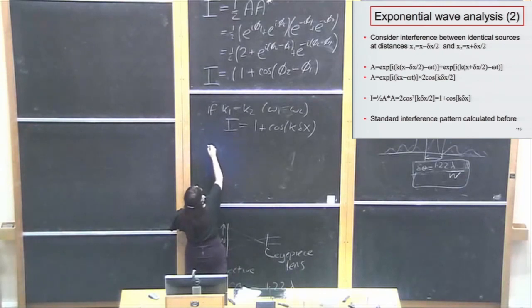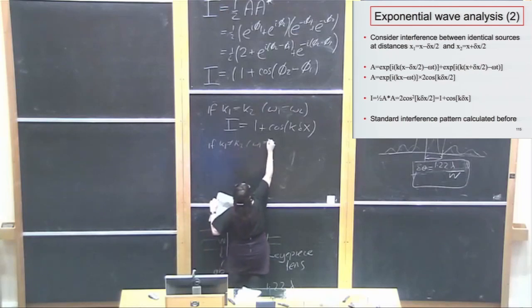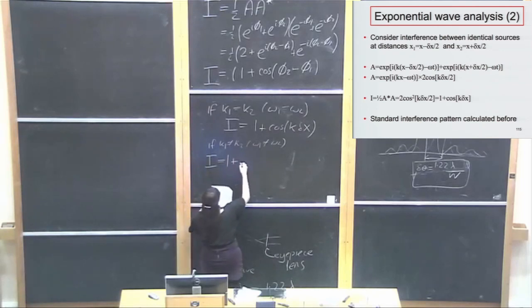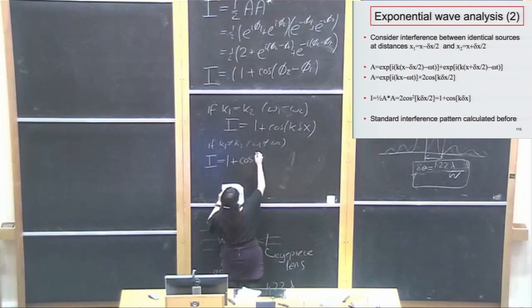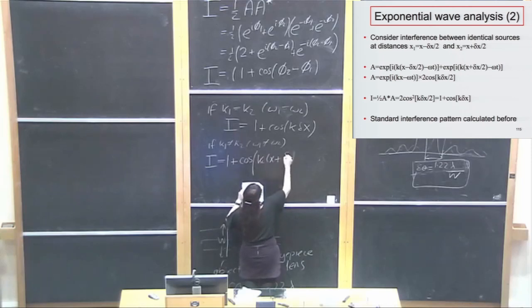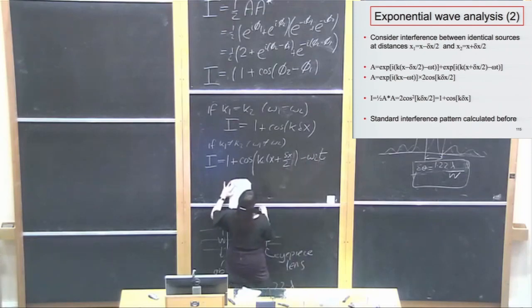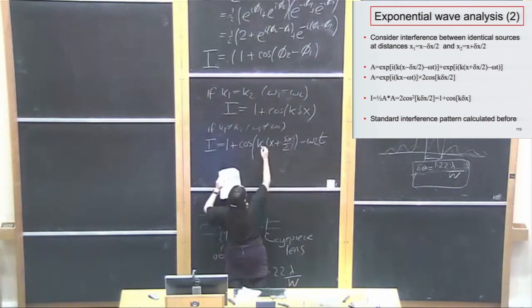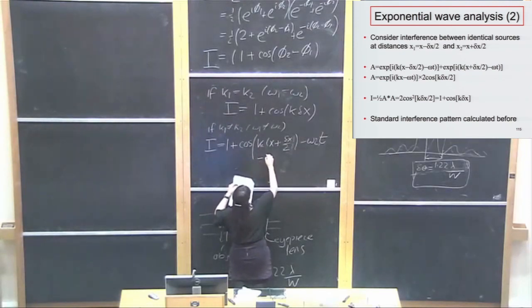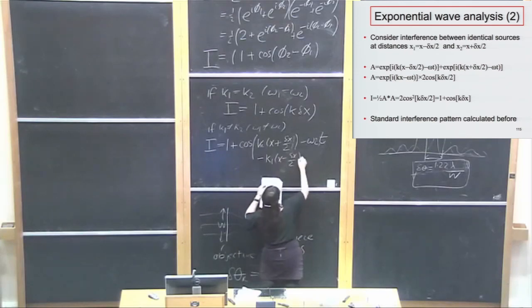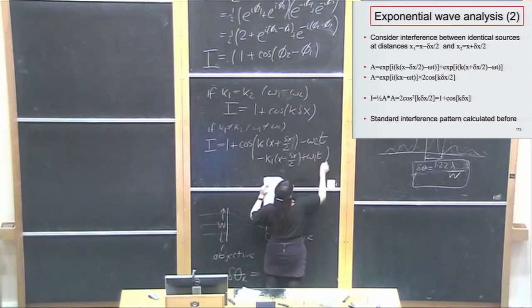If not, then I equals 1 plus cos, and this is all in brackets: k2 times (x plus delta x over 2) minus omega 2 t, still in the brackets of the cos, minus k1 times (x minus delta x over 2) plus omega 1 t.